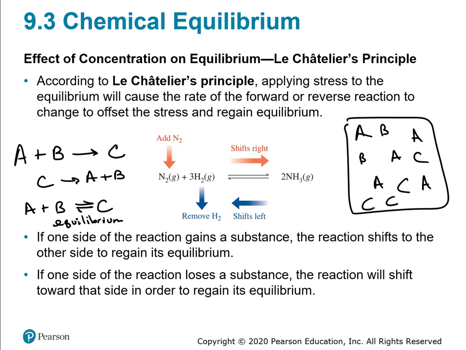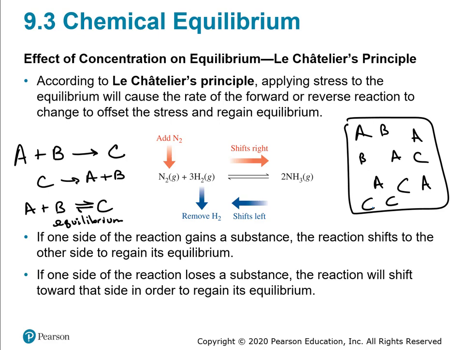So Le Chatelier said, well, what happens if I add A? What if I pump some A into this system that's at this balance? He said if I add anything, the reaction will always shift away from whatever I add.